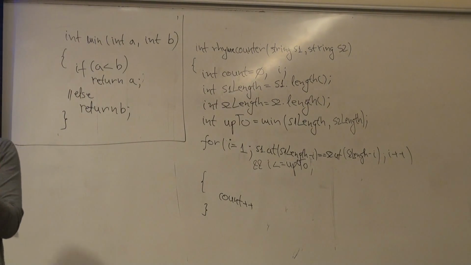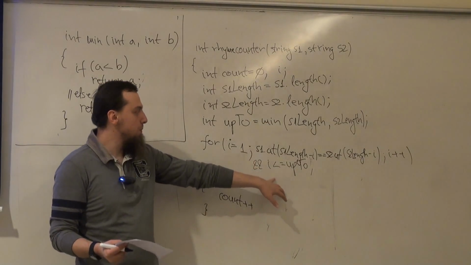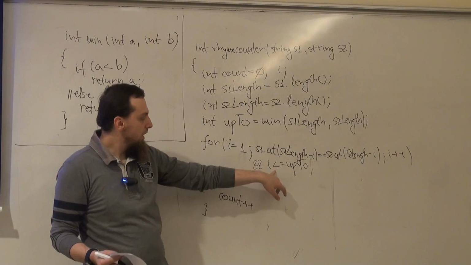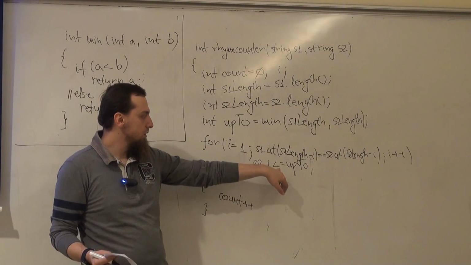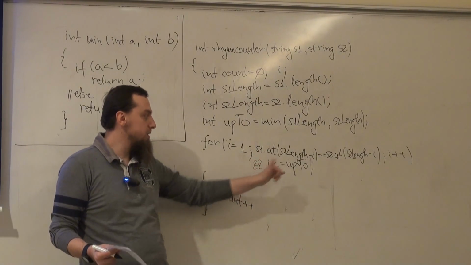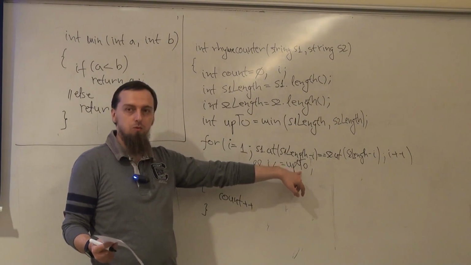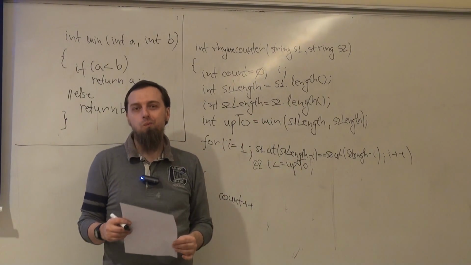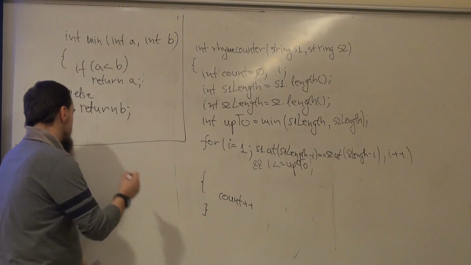What I said was slightly different. What I said was, we should stop when there is a mismatch, which is the opposite, and we should stop when this is greater than up to, because we started from 0. If this is greater than the minimum, then we should stop. One of them, or. So, if you know the Boolean algebra, you understand what I'm talking about.